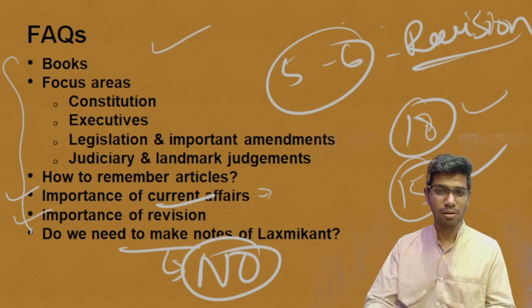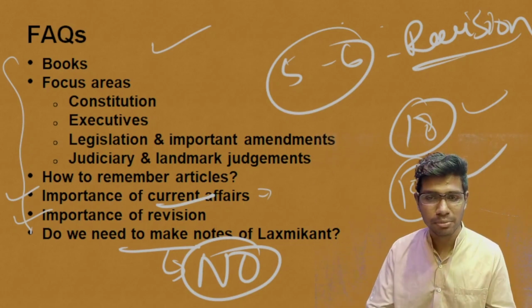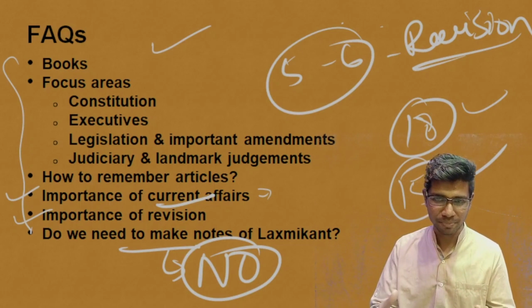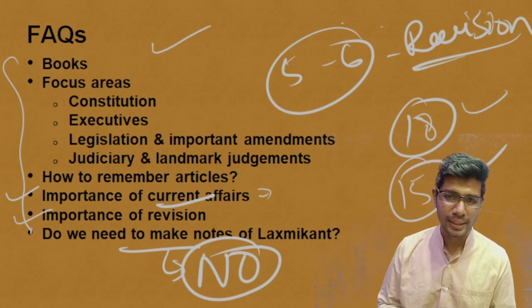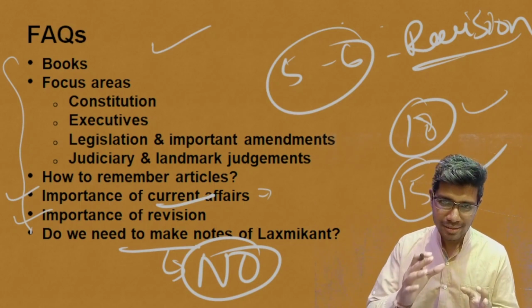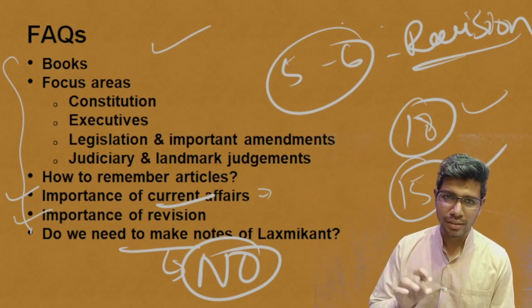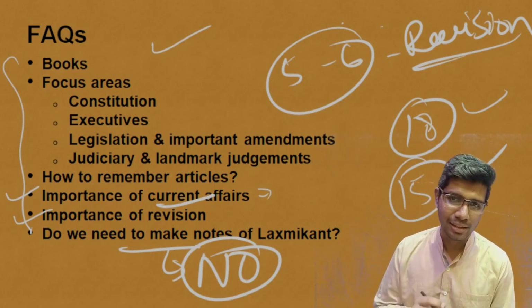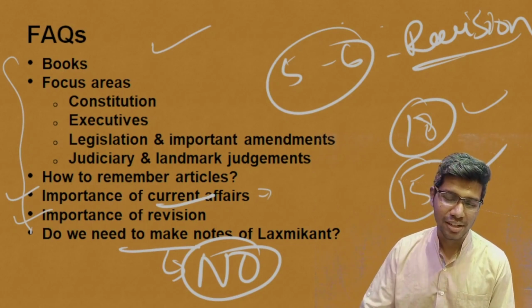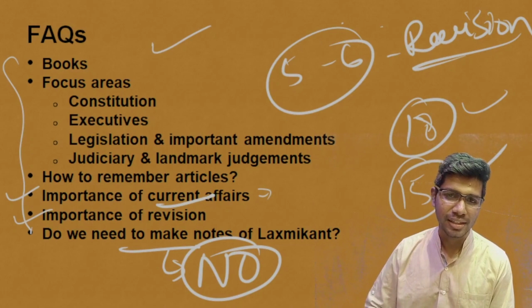You cannot give so much time to only Indian polity, because there are other subjects to cater to, right? So selective reading, highlighting, reading of current affairs, enough revision and question practice is the trick of the trade, and you can ace Indian polity in this manner.